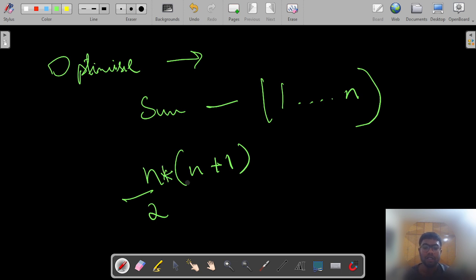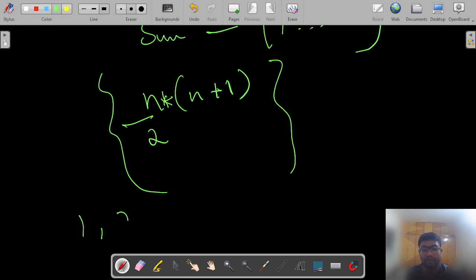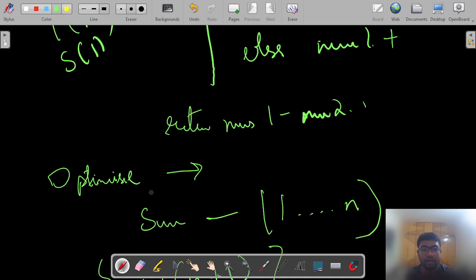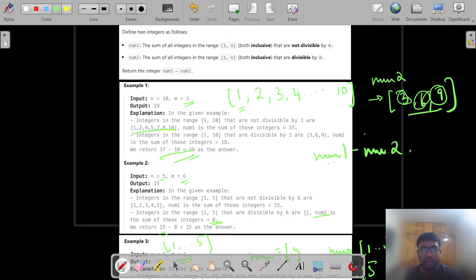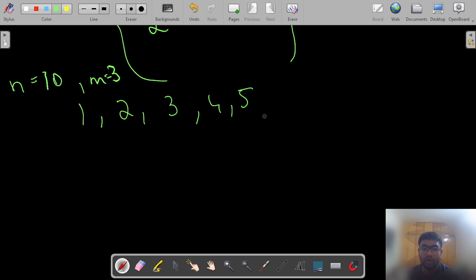If we need to understand this formula, let us take a look at one example, 1 2 3 4. In our example one, we had n equal to 10 and m equal to 3, and we need to calculate the sum of all numbers ranging from 1 to 10.